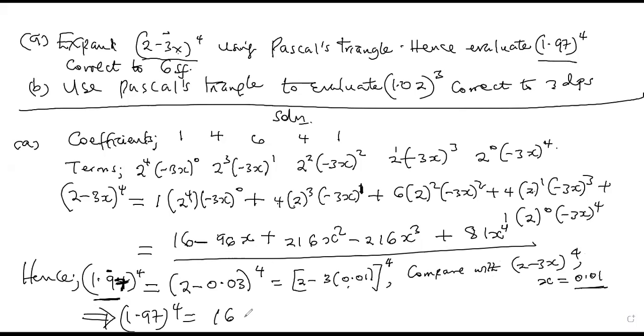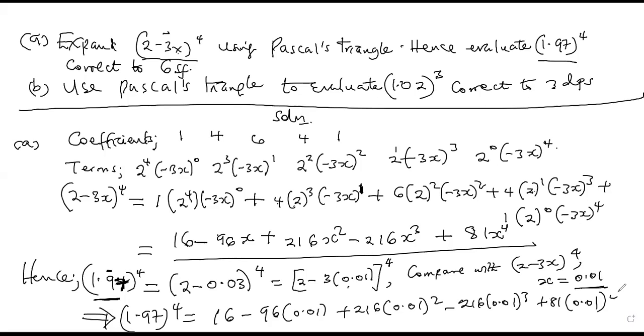So it's going to be 16 minus 96 into 0.01 plus 216 into 0.01 squared minus 216 into 0.01 cubed plus 81 into 0.01 to the power 4.